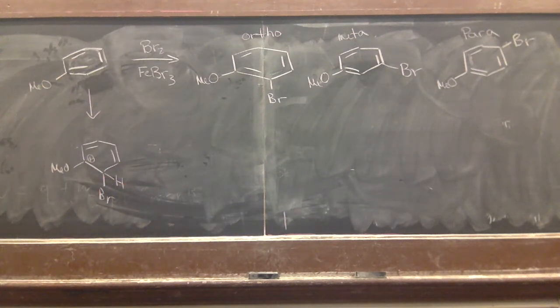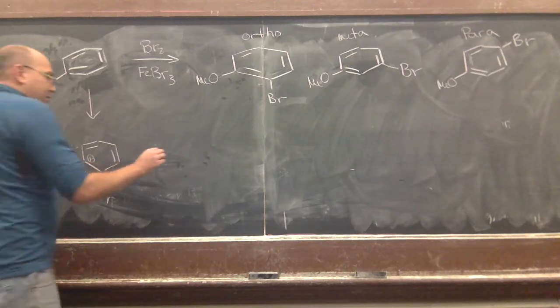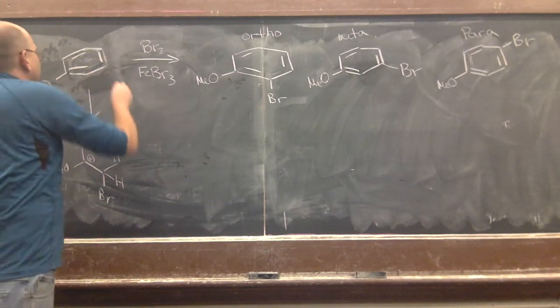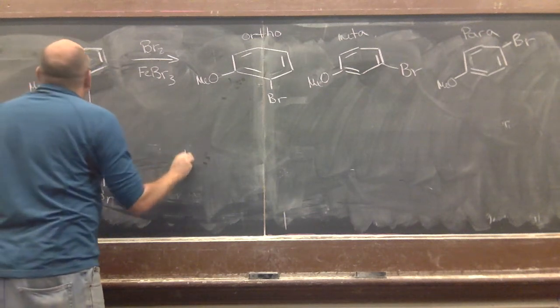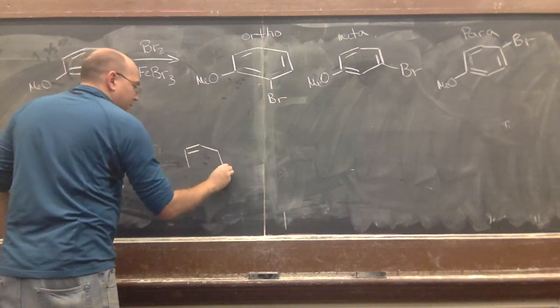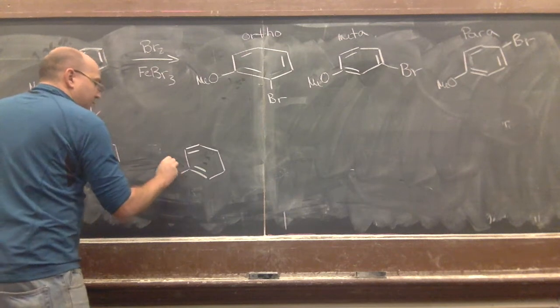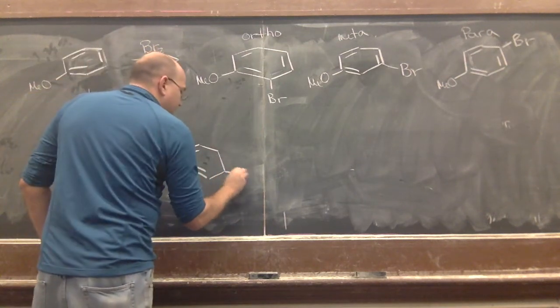Okay, so if we're going to add ortho, after we react, that's going to be our intermediate. If we go meta, we will be there, right? So the next two will have to react with the other side. So this would be the meta.